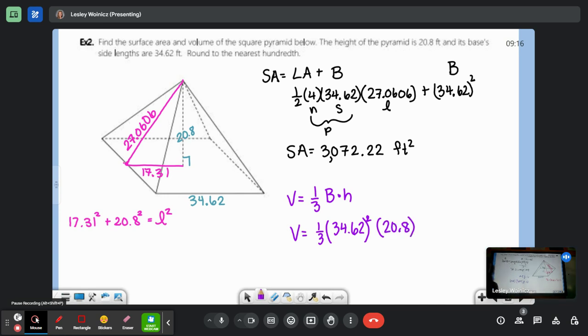All right, let's put that in the calculator. Okay, I got 8,309.91. What kind of units? Cubic feet, we got it.